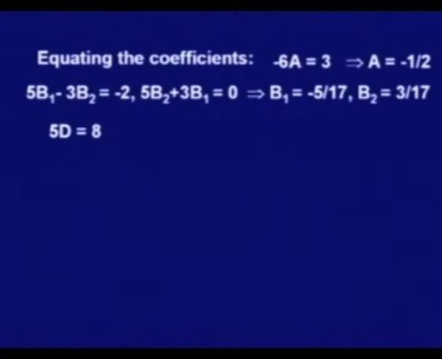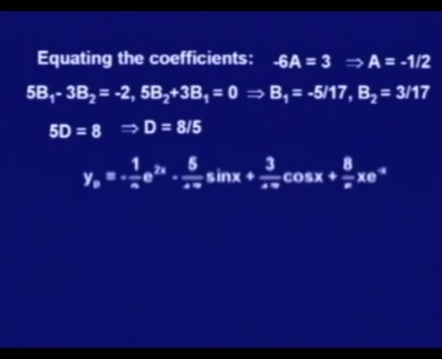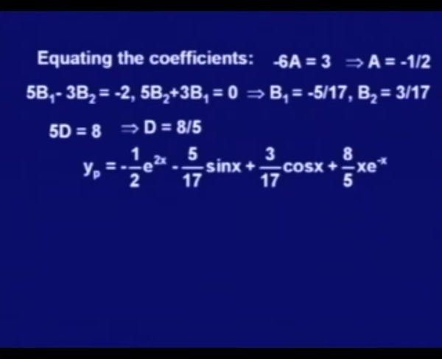And last, 5d is equal to 8 gives me d is equal to 8 by 5. So, what will be our particular solution? Substitute these a, b1, b2 and d: minus half e to the power 2x minus 5 by 17 sin x plus 3 by 17 cosine x plus 8 by 5 times x into e to the power minus x.